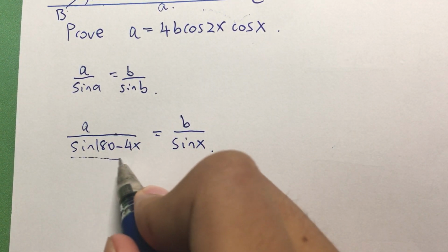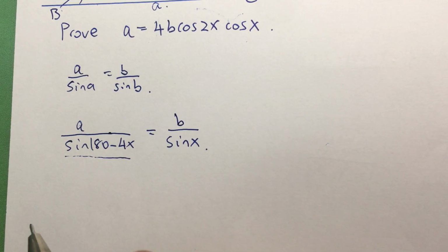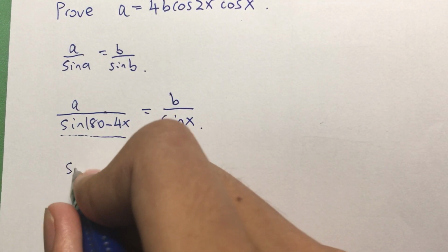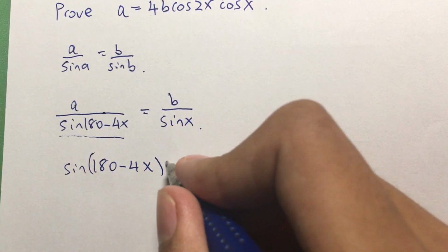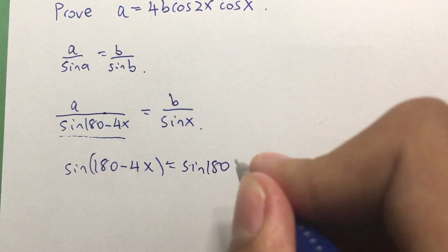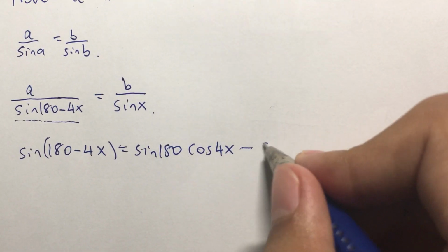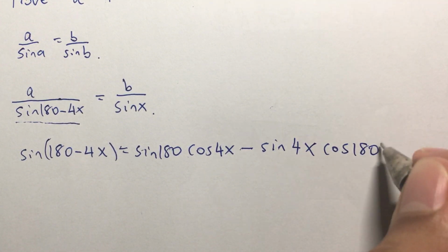Now this is a compound angle, which we can simplify into a single angle, and I have talked about this before. We can simplify sine (180 minus 4x) into sine 180 cosine 4x minus sine 4x cosine 180.